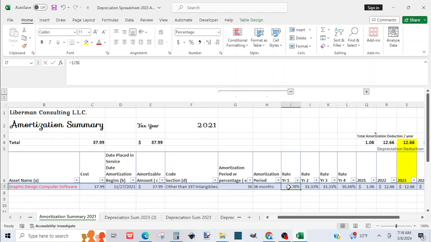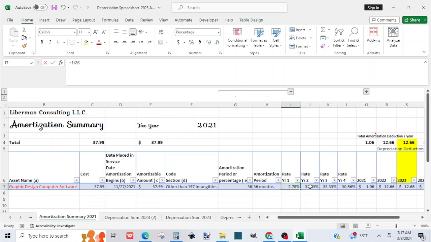For the first year, you'll see when you placed it in service. In this example, placing it in service close to the end of November means we only use it for 1 month, therefore that's 1. And in the case you have 180 months, then that'll be 1 divided by 180. That'll give you a rate.